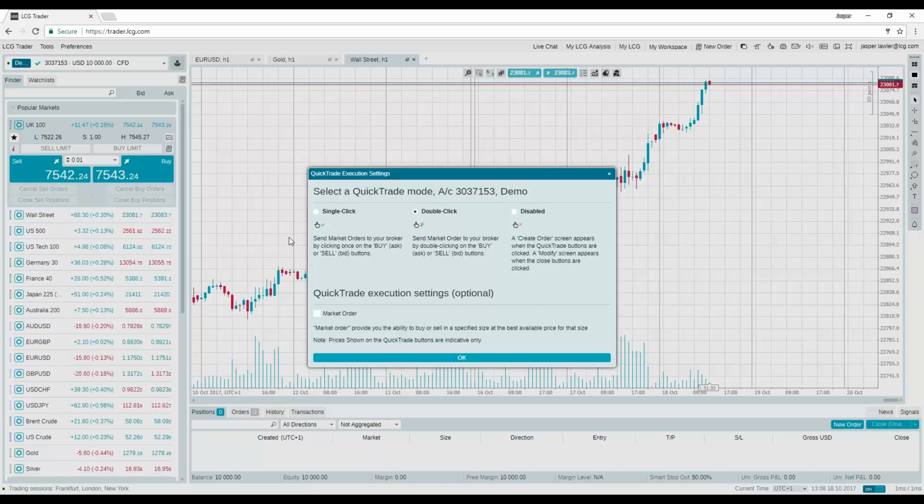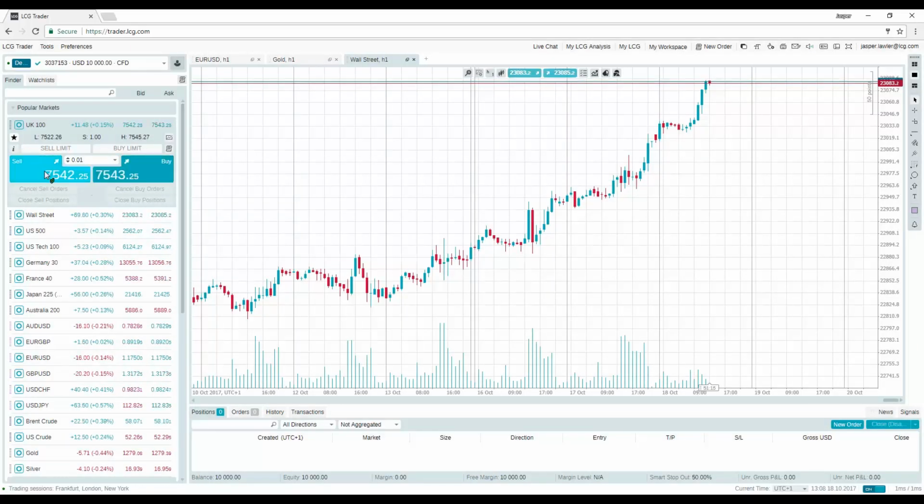A bit more thought process is involved if you have the double click set on, or you can have it disabled, so you won't automatically enter into a trade whether you single or double click. You'll bring up an order panel. That's an even more conservative approach. So then you click OK to that, and then here we go.